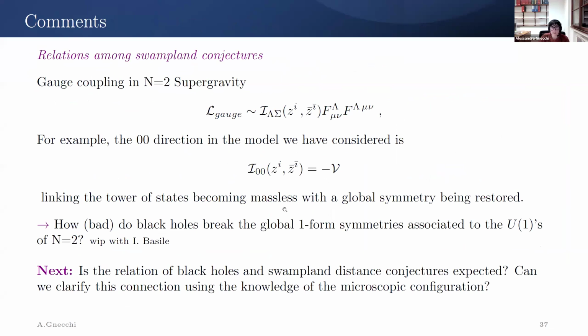So the mass goes to 0 when the gauge coupling goes to 0. It's consistent with the fact that when these Kaluza-Klein states become massless, your effective theory breaks down.